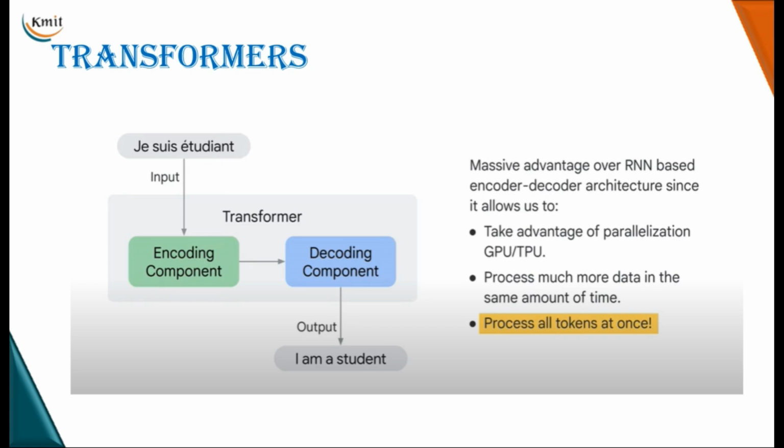We have already seen that the transformer has an encoding component and a decoding component. The input is given to the encoder, where the self-attention mechanism is applied, and the context-dependent summary is given as input to the decoding component, which will convert the given input to output. Massive advantages have been observed when we compare the RNN based encoder decoder architecture to the transformer, right?